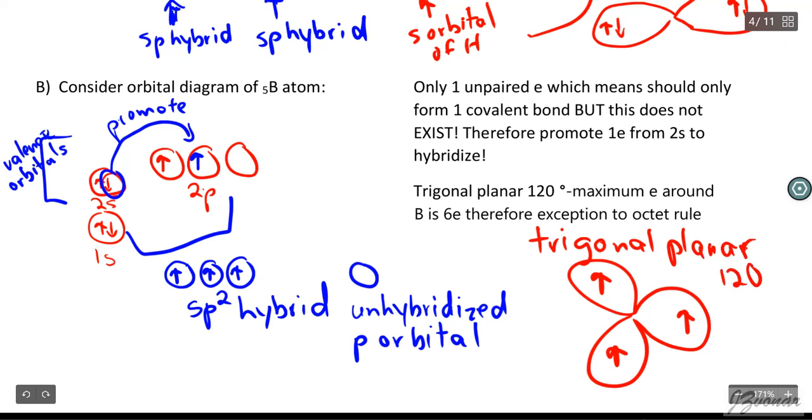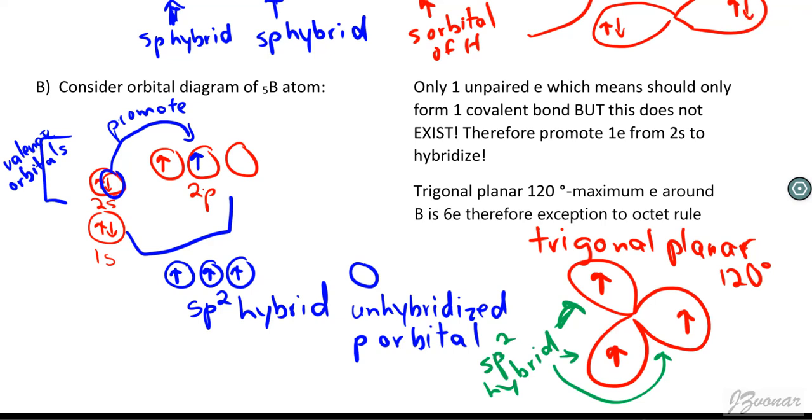And 120 degrees. Each one of these lobes, this one, and this one, are all called sp2 hybrids, each with one electron. That's very important to note. What can happen here is that each of these half-filled orbitals can overlap with, say, a half-filled s orbital.